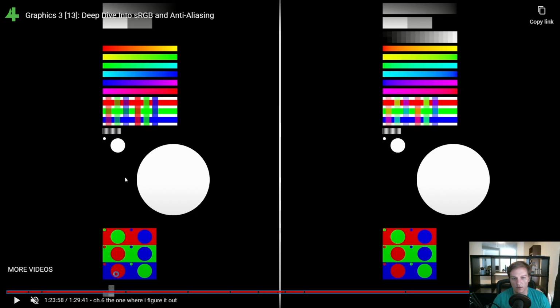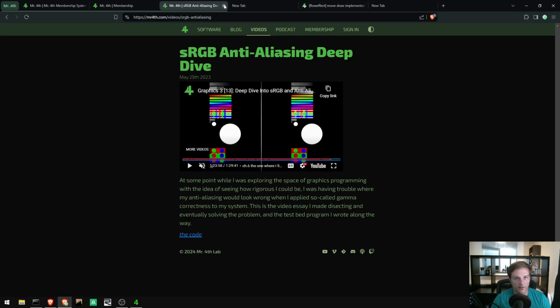If you don't do any of the sRGB stuff correctly, you get stuff like this. If you look at the blending here, it looks different than the blending here. We're looking at the anti-aliasing and the brightness on the various shapes, the color fringing on the shapes, and the spacing of the brightness: white, middle gray, black, white, middle gray, black. Stuff like that. So I tried to be very detailed in that video.